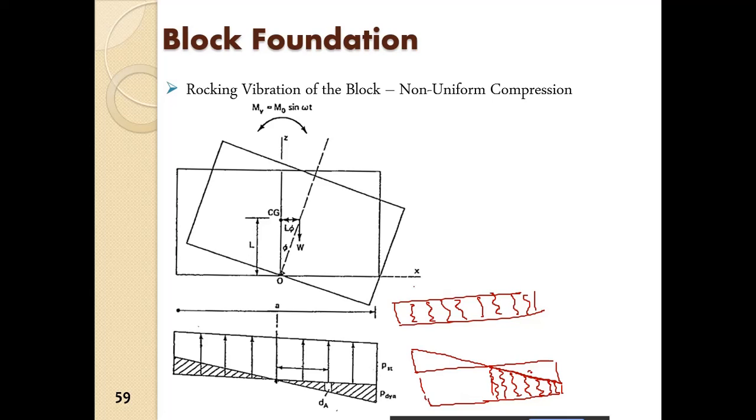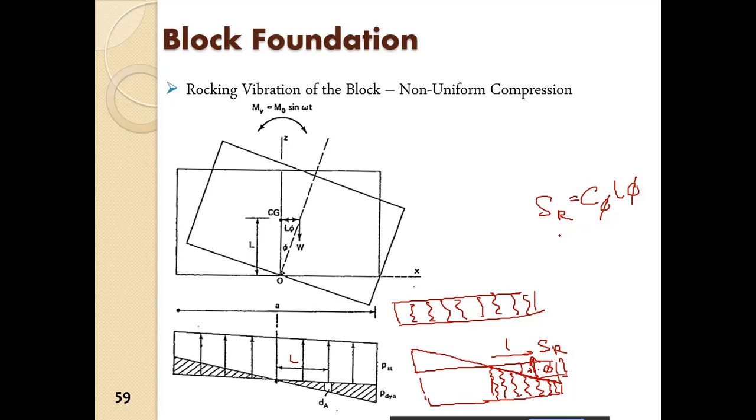So at any point, suppose at a distance L, we have the rotation phi, and we have the soil reaction at that point as R. So the soil reaction R will be equal to C phi into this amount of compression, that is equal to L into phi. If this is L and the rotation is phi, this is L phi, as we have found here.